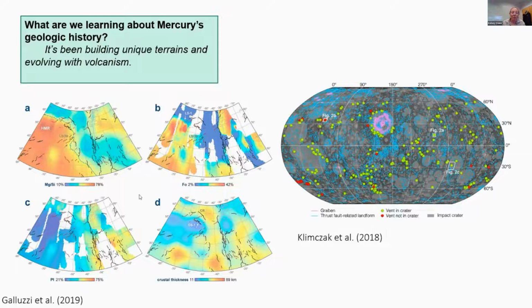Also, faults are basically cracks in the surface. So they are a great way to get a conduit and to get material to the surface. And that's what Christian Klimczak and I did in 2018 with this map. We looked at vents, so places where little pyroclastic explosions had made it to the surface, and tried to relate those to areas with increased fault density.